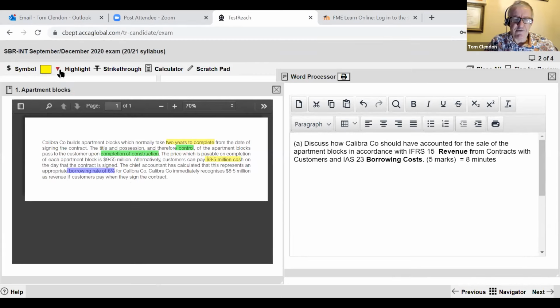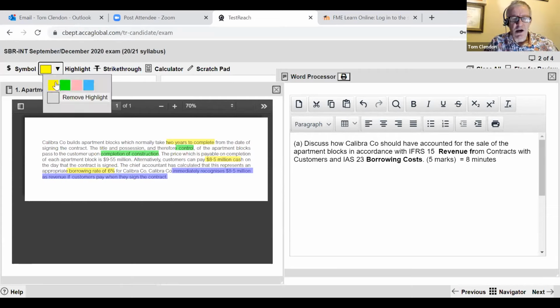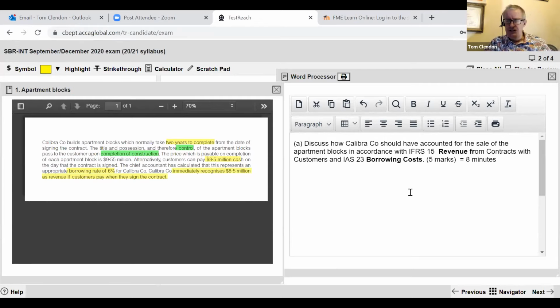Now, all of this information, every single word of this information is relevant. Clendon immediately recognizes 8.5 million revenue if the customers pay when they sign the contract. Now, I'll tell you what I'm not going to do.